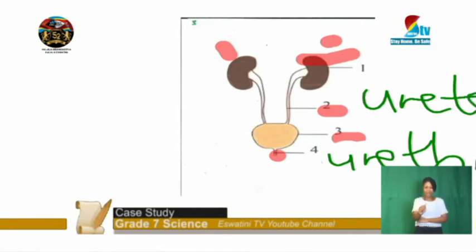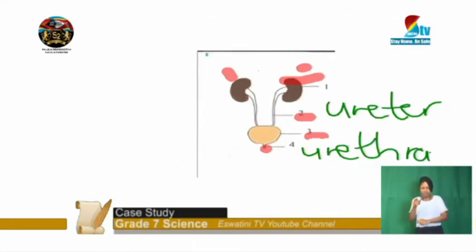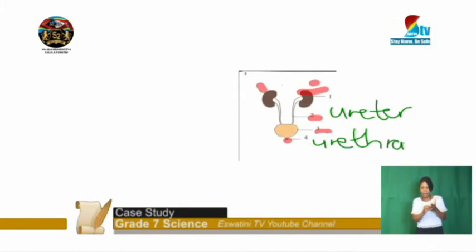I'm going to zoom out so that you are able to see. Yes, ureter and urethra. Pardon me with the handwriting. I want you to note the differences between the two. We have the ureter, which is the tube responsible for taking the waste from the kidneys to the bladder, number 3.